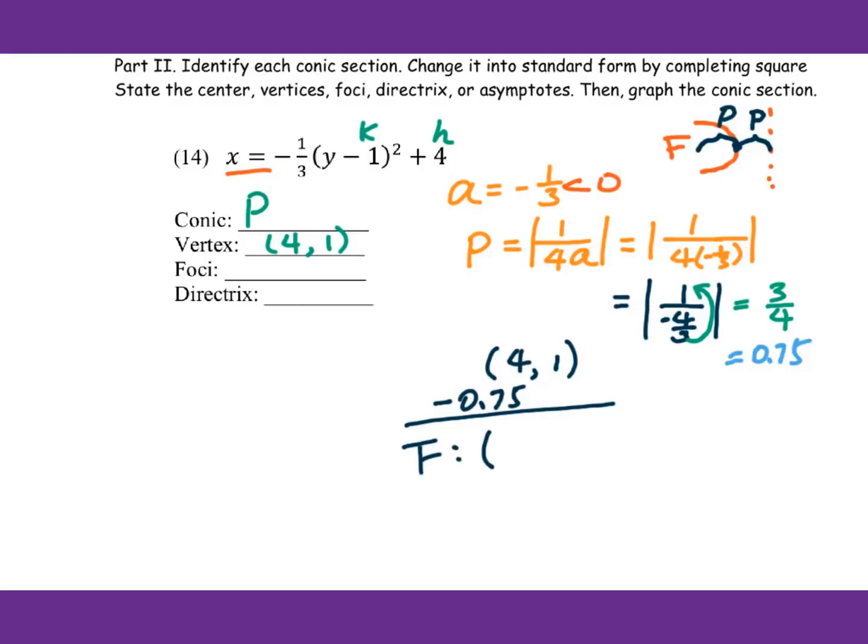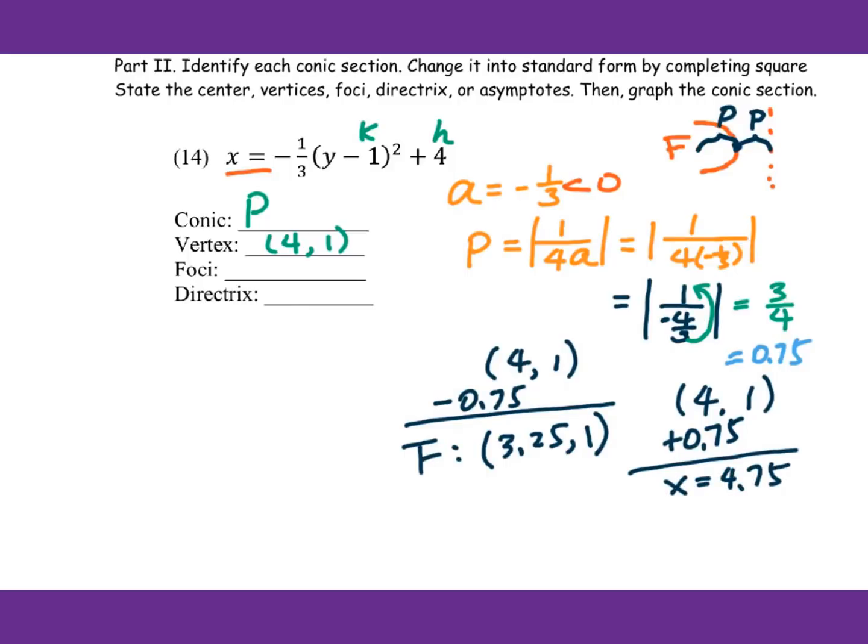That will be (3.25, 1). From vertex, you move to the right 0.75 units, you will get the directrix. So we write down the focus, that (3.25, 1). For directrix will be x equals 4.75.